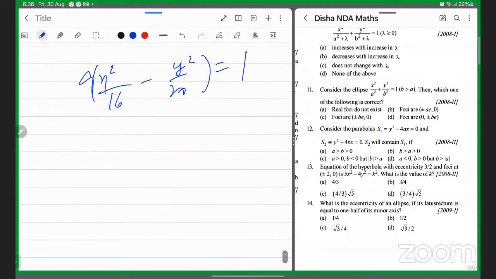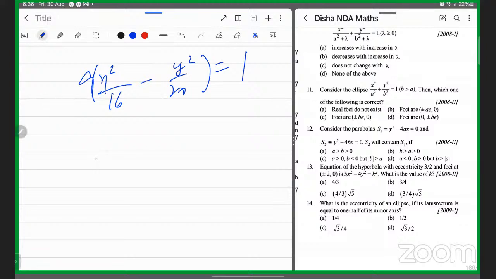Now this will be, what is the LCM of this, 16 and 20? 4 4 16, 4 5 20. 160. Is it correct?